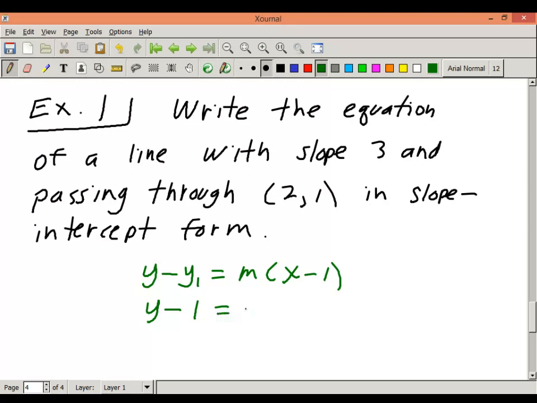M is obviously the slope, which is 3. And then x minus, oops, I copied that wrong, x minus 2. So the 2 is x sub 1, the 1 is y sub 1, and the 3 is m. And the x and y do not get replaced by anything. They're going to be in your final answer. Let's go ahead and solve it for y because they want this equation in slope-intercept form. So to solve this for y, we'll first of all distribute that 3.